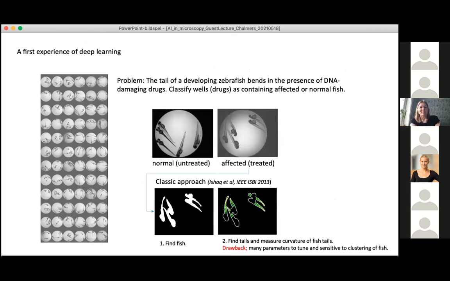Next, I want to show you one of the problems that we approached, because it really taught me something that I had not really thought about before. This was a problem that we had solved once before, so it was sort of revisiting an old problem. In fact, it was one of my other PhD students who, half a year away from defending his PhD thesis, said that he wanted to do deep learning.